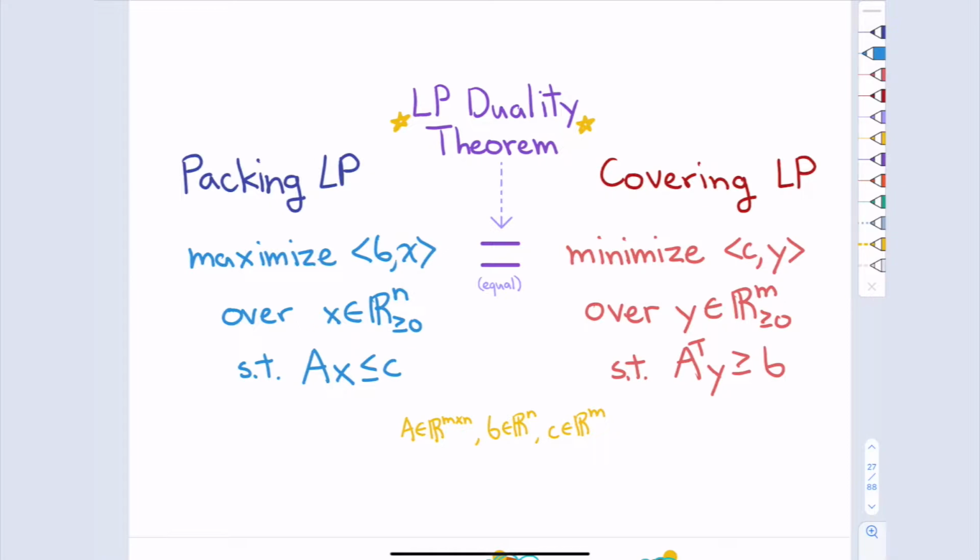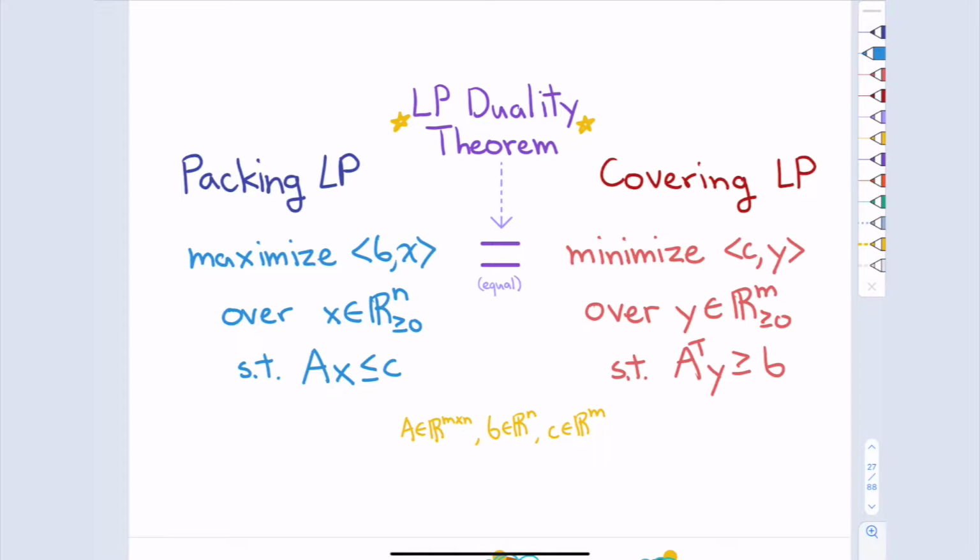We have A here and A transpose here, which means you're swapping the incidences, so to speak. So for any packing LP, there's this dual covering LP where I swap the b into c and I transpose A. Likewise, for any covering LP, there's a corresponding dual packing LP where I make that exchange.